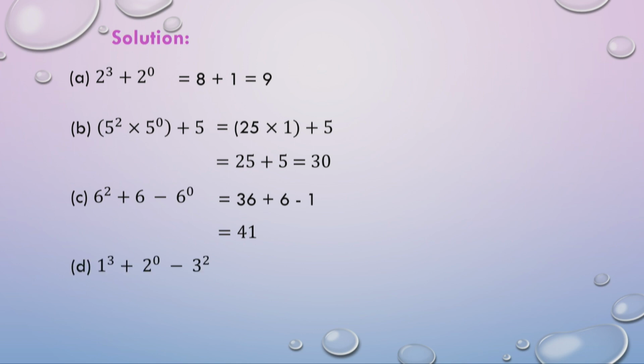The last part, 1 to the power of 3 plus 2 to the power of 0 minus 3 to the power of 2. So 1 to the power of 3 is 1, 2 to the power of 0 is 1, and 3 to the power of 2 is 9. So I get 1 plus 1 minus 9, which is minus 7.